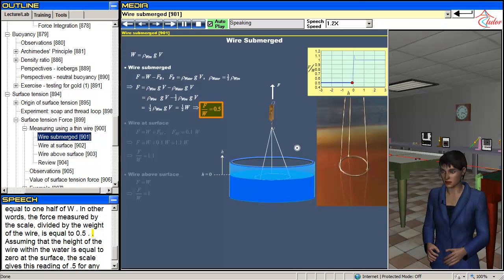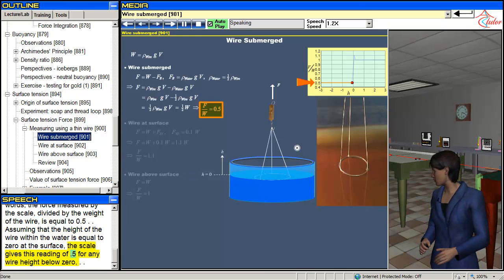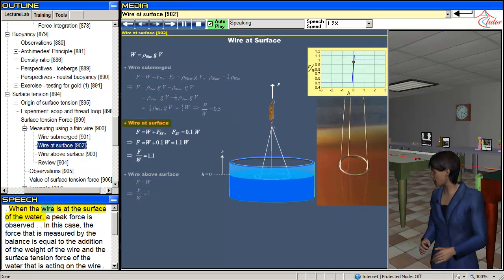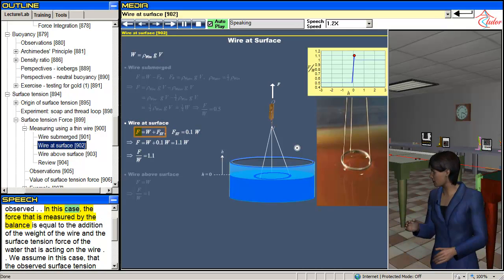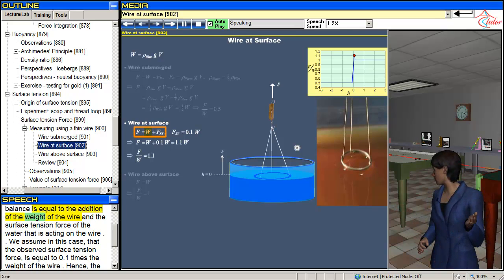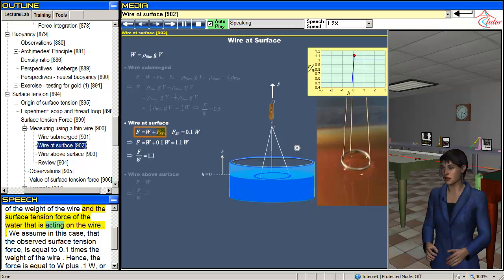Assuming that the height of the wire within the water is equal to 0 at the surface, the scale gives this reading of 0.5 for any wire height below 0. When the wire is at the surface of the water, a peak force is observed. In this case, the force that is measured by the balance is equal to the addition of the weight of the wire and the surface tension force of the water that is acting on the wire.